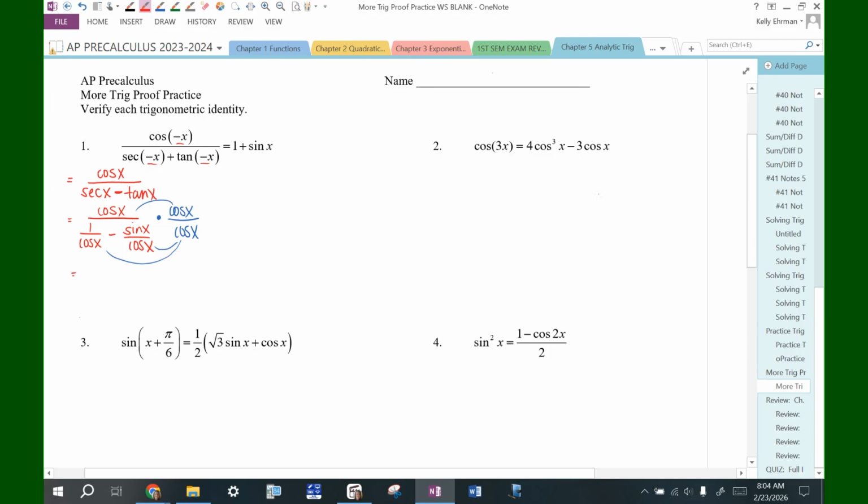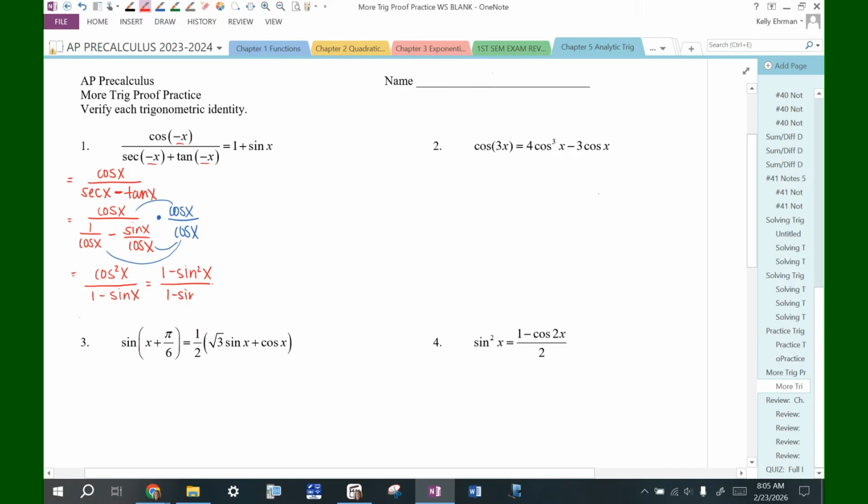So the numerator is cosine times cosine, which is cosine squared x. The denominator is just 1 minus sine x because the cosines cancel out. Again, I'm trying to just get 1 plus sine x. There's nothing you can do in the bottom, but the top, I can use the Pythagorean identity that says cosine squared is 1 minus sine squared x.